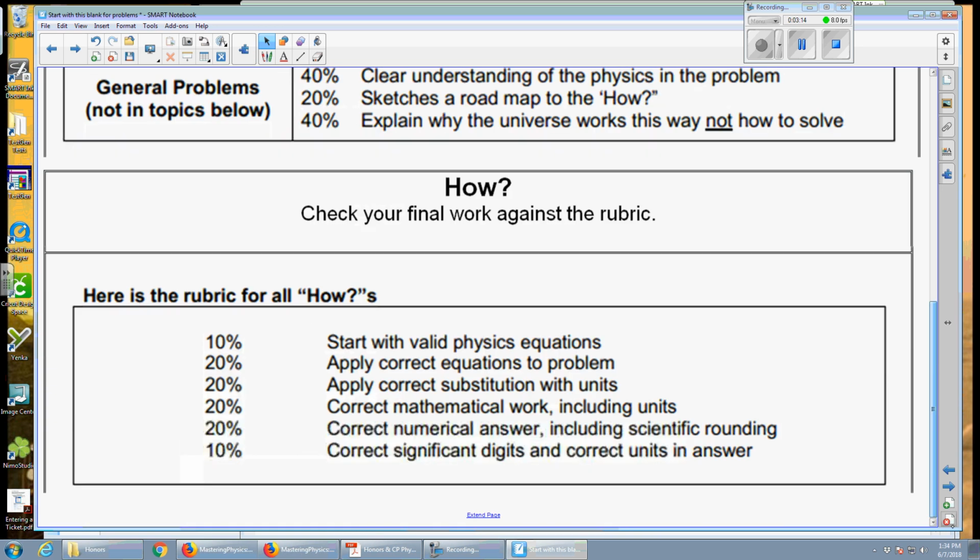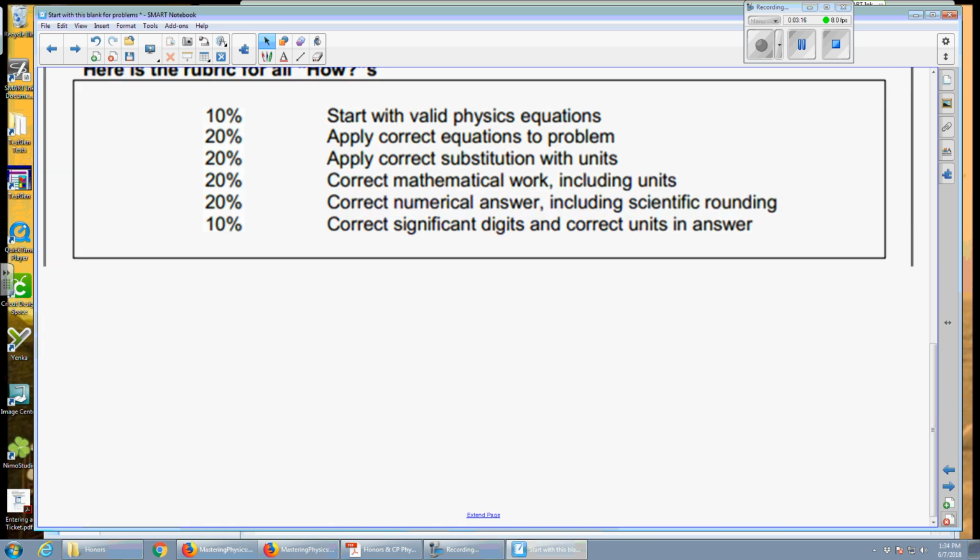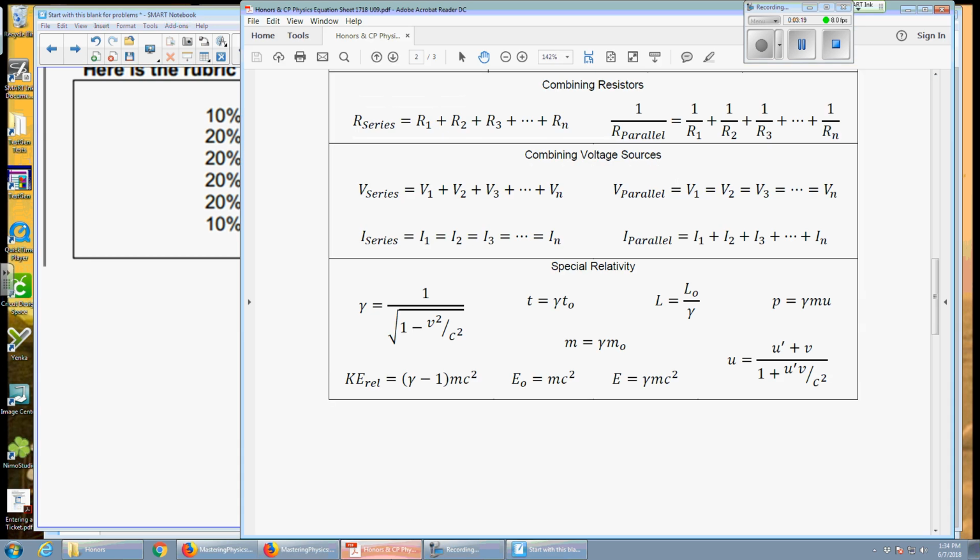Alright, so then we would go to our handy-dandy equation sheet and look down at the special relativity part because we're looking between frames of reference. And we're dealing with length. So do you think we should use the time equation, the length equation, the momentum equation, or the inertia equation? The length equation, probably.